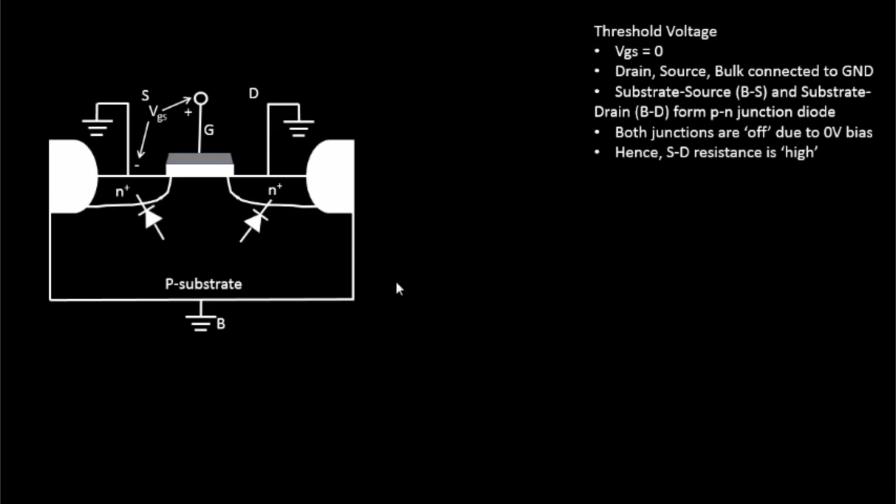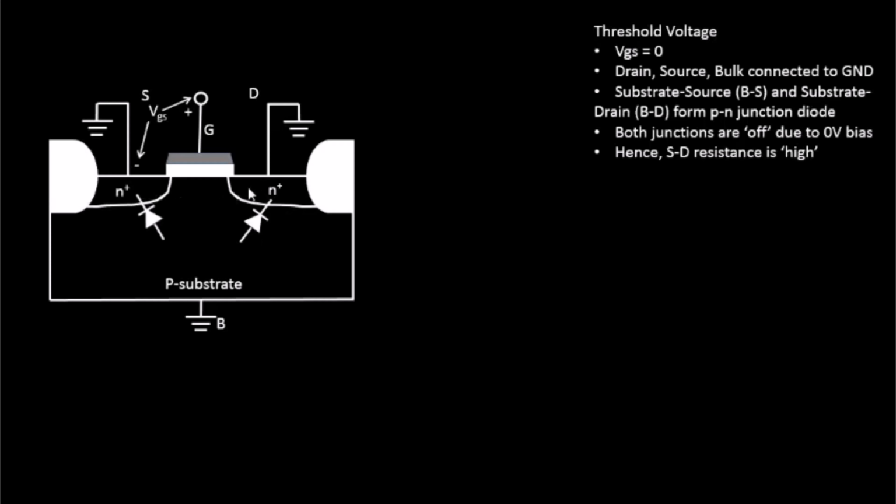Since the diode is biased at 0 volts, both the junctions are off, and you see a very high source to drain resistance. The job of the threshold voltage will be to make this resistance so small that we see a current flow. That's the basic definition. We'll see how we are going to do that, but that's what we have to do.